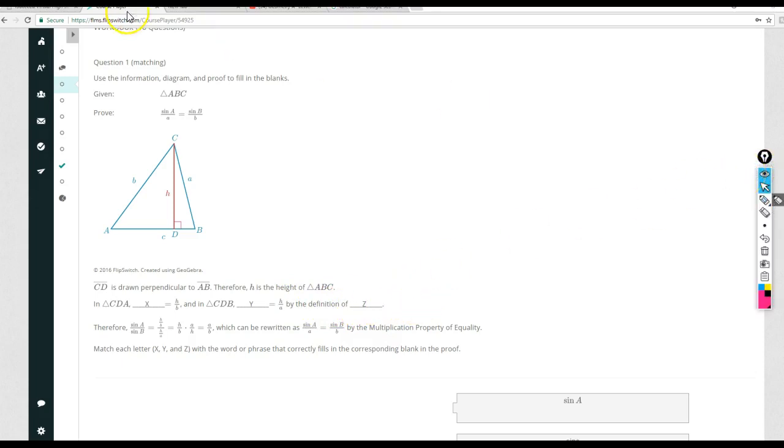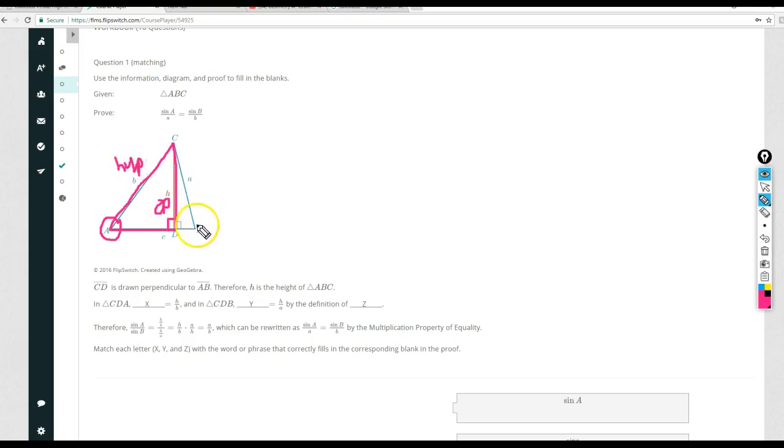Okay, so what ratios are they looking at? So in triangle CDA, we have a ratio of H to B. Now, using our reference angle of A, H is the opposite side of angle A, and B would be the hypotenuse in this triangle.